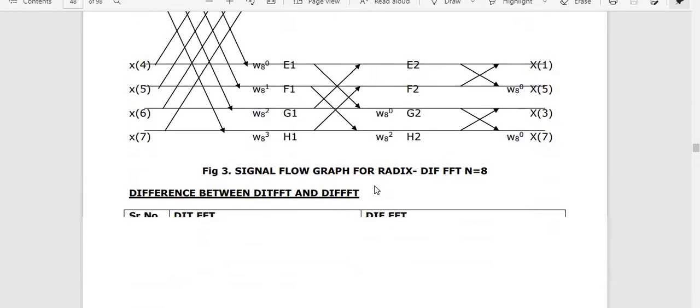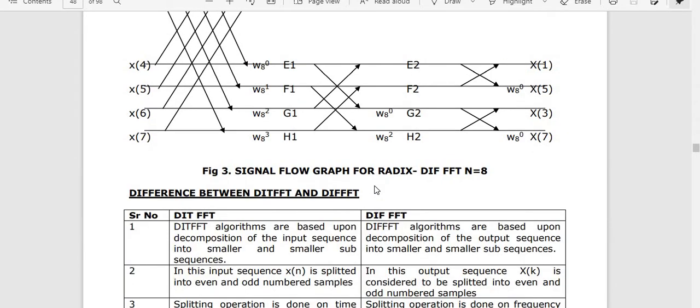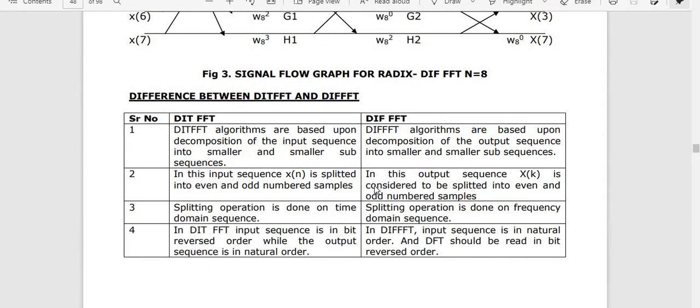Okay, so this is the way we can write. So what is the difference between these two? The important thing is, if you understand it, it will be easy for you to design DIT FFT as well as DIF FFT. As you can see, in DIT FFT, students, we are considering the decomposition of the input sequence into smaller and smaller subsequences.